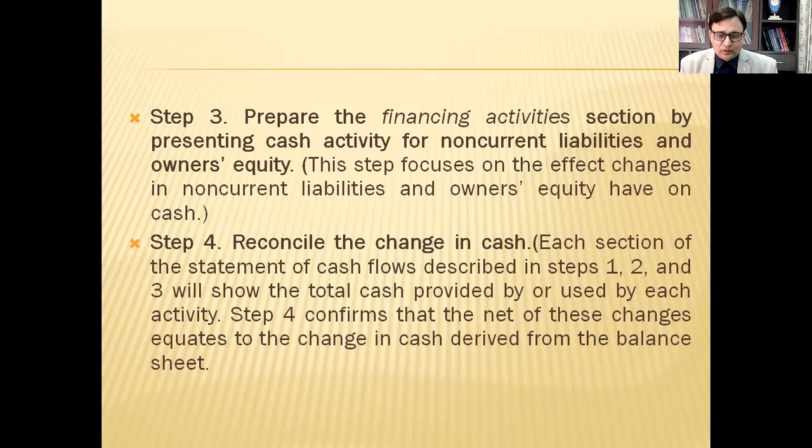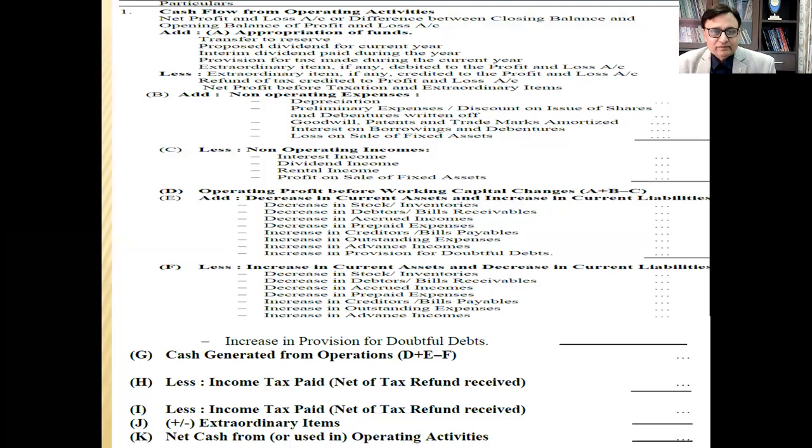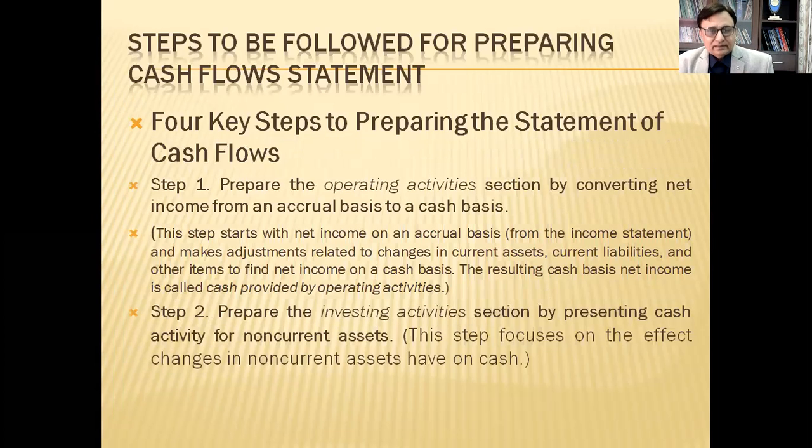And in step 4, the net of these changes equates to the change in cash derived from the balance sheet. So we will add the opening balances, and finally we will get the cash balance at the end of the accounting period. In this way, we'll be following the 4-step strategy to prepare the statement of cash flow.